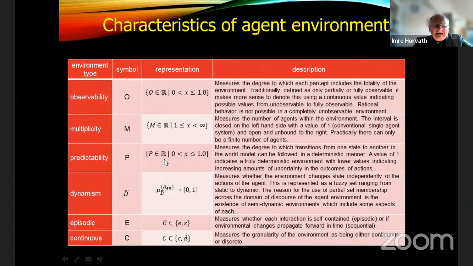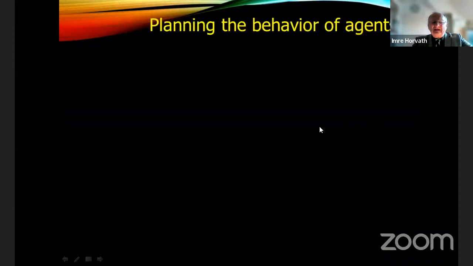Obviously, they can be formally defined and interpreted semantically, with regard to the different measures which belong to the particular environment type. My slide will be with you. You can study it later.